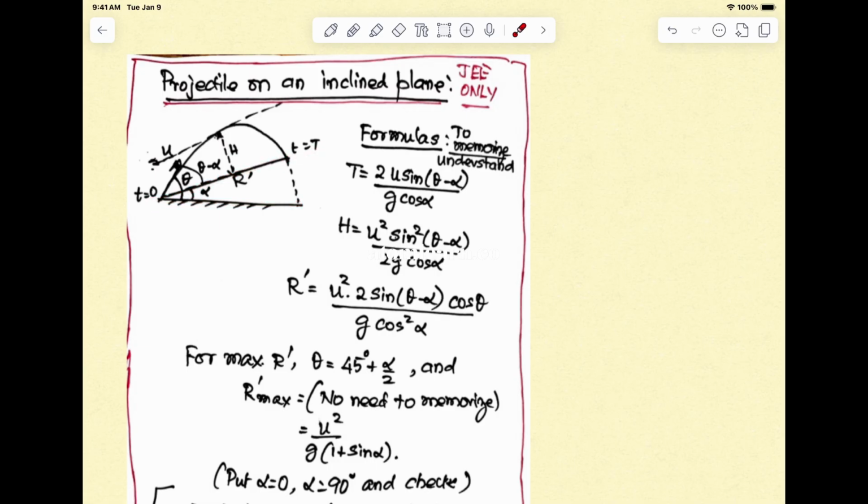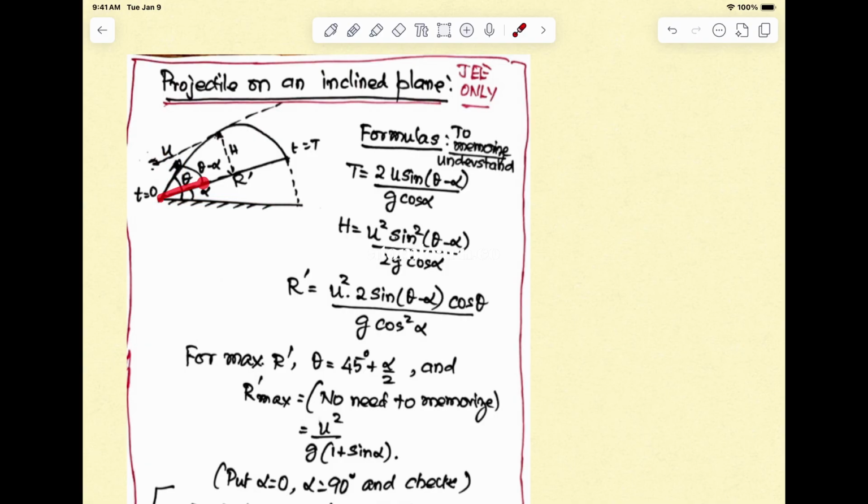Now the projectile is projected from the foot of the inclined plane with the initial velocity u like this at an angle theta with the horizontal, and the angle of inclination of the inclined plane is given as alpha.